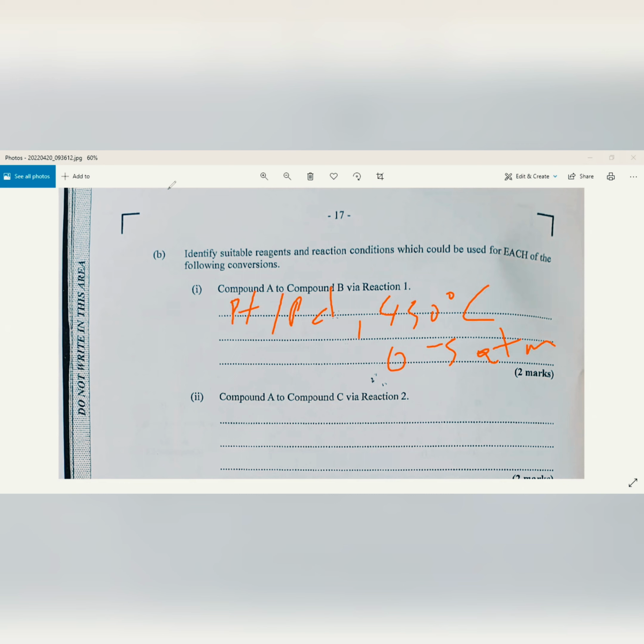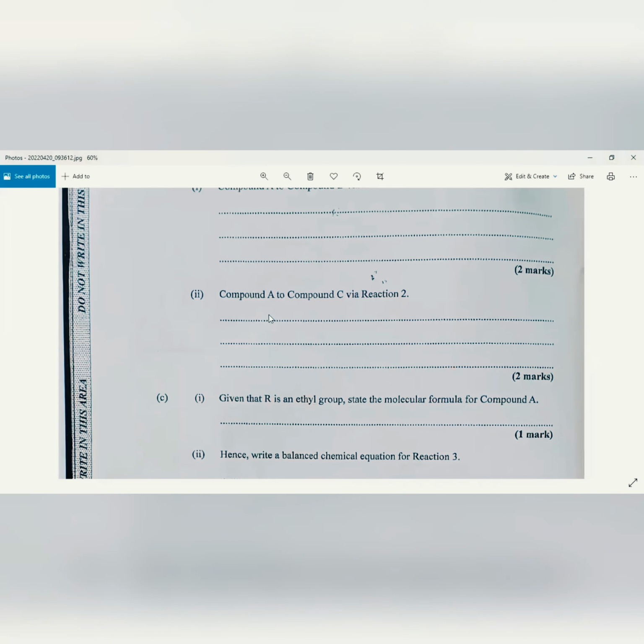What about now? So we proceed. Let me clear that. So what about now compound A to compound C via reaction 2? So you remember that compound C was 1,2-dibromoethane.